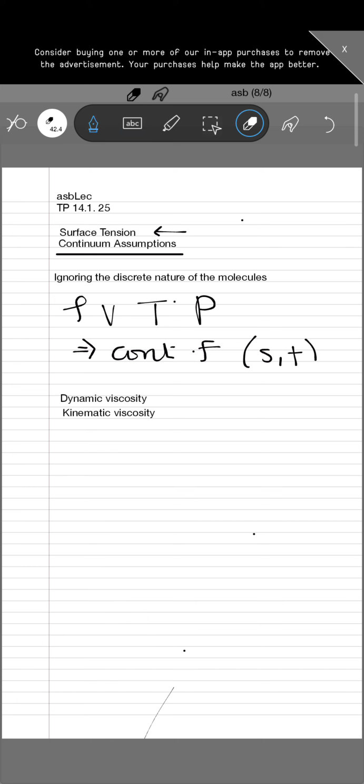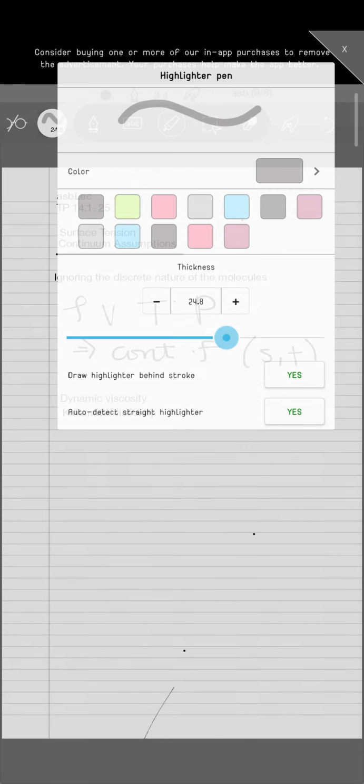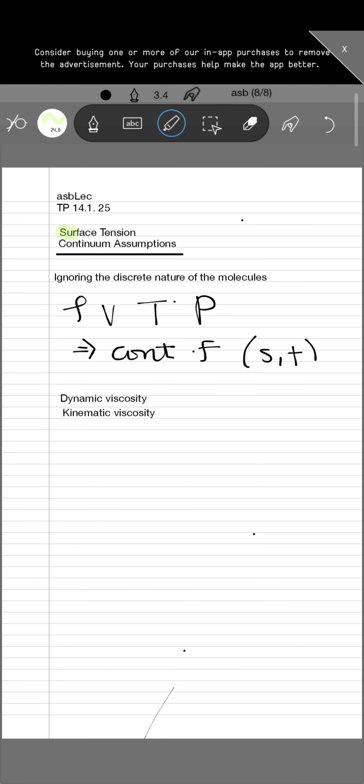These are again continuous functions. Okay, so these are the preliminary concepts before going into the main topic of today's discussion, that is surface tension.